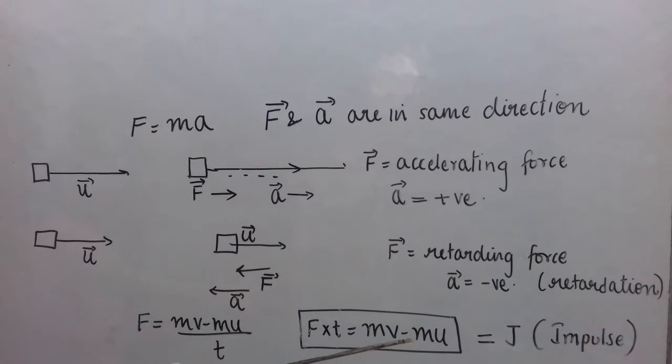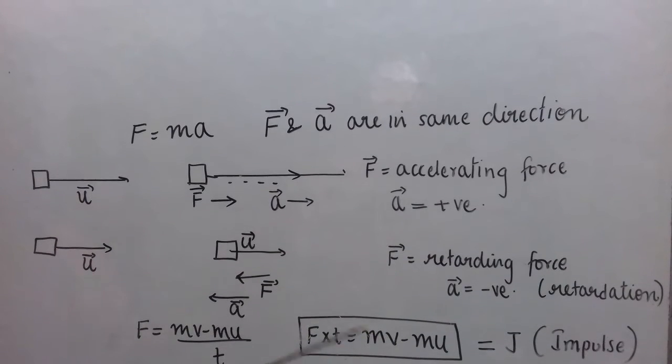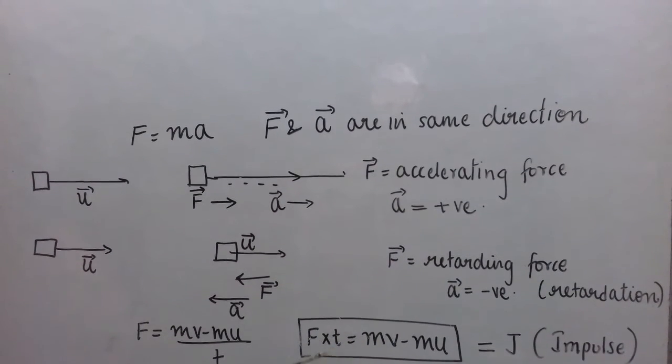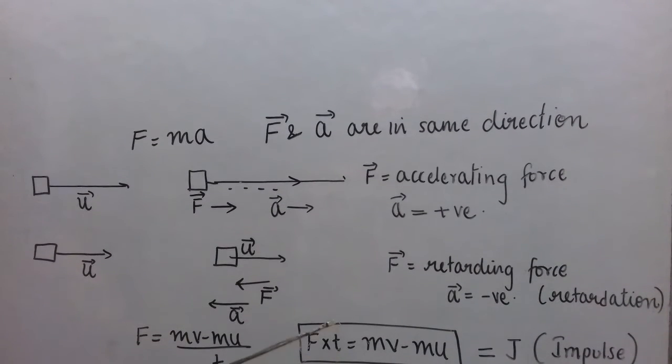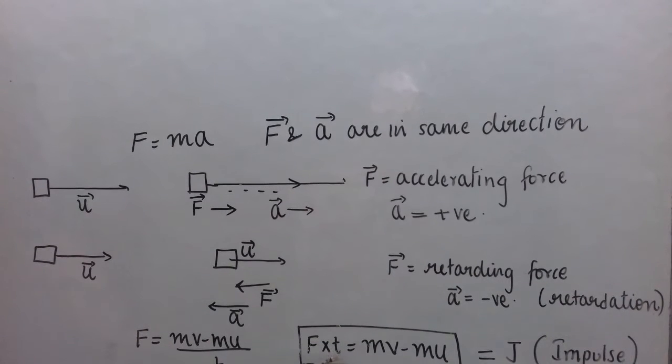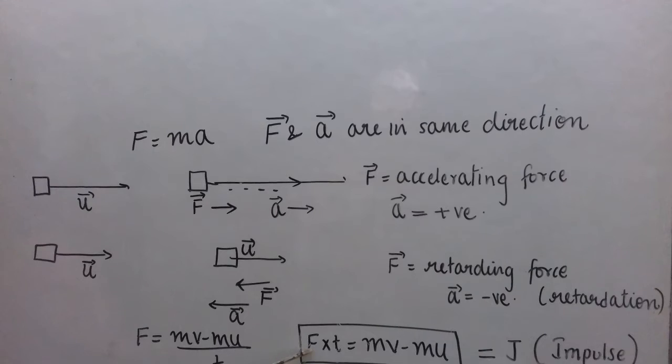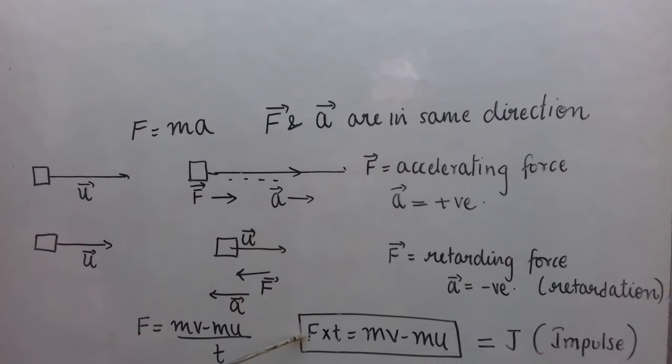When he catches the ball, the velocity becomes 0, which means he has to apply force to stop the ball. If he catches the ball keeping his hands in front of him, the time taken to stop the ball will be decreased, and so the force that he has to apply to stop the ball will be increased.